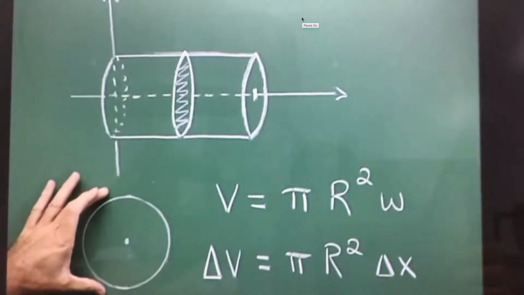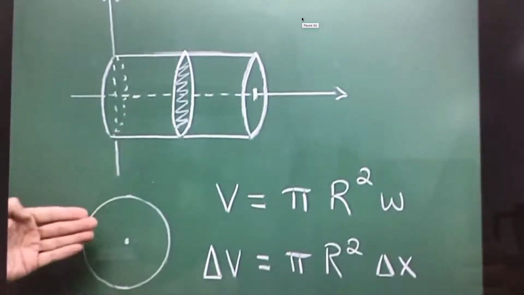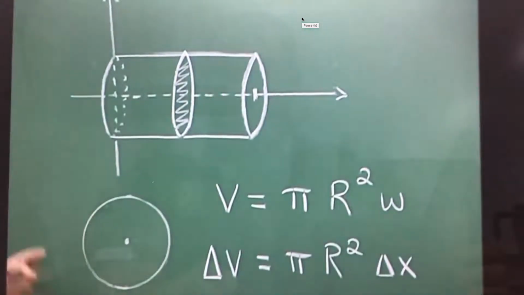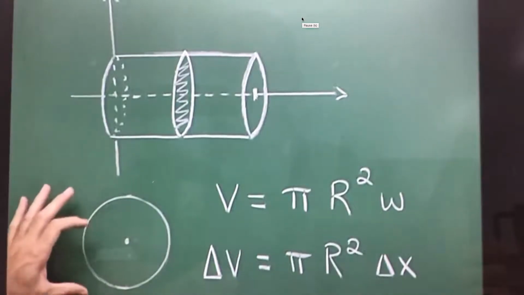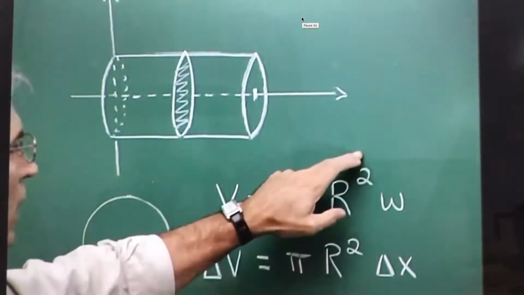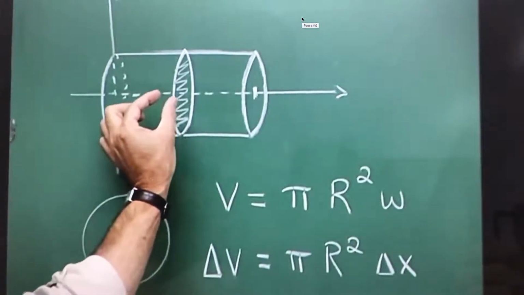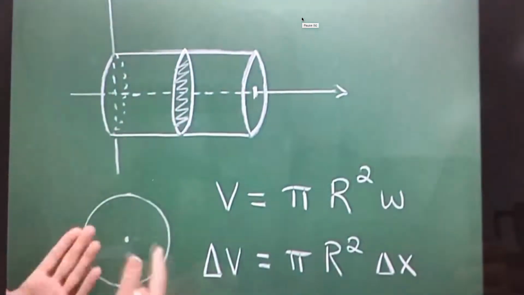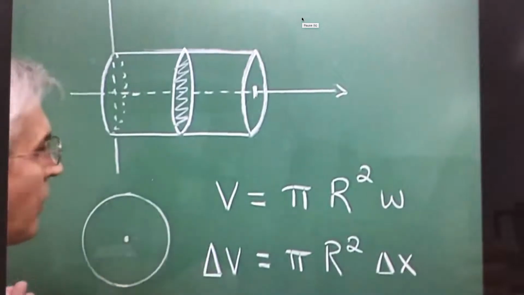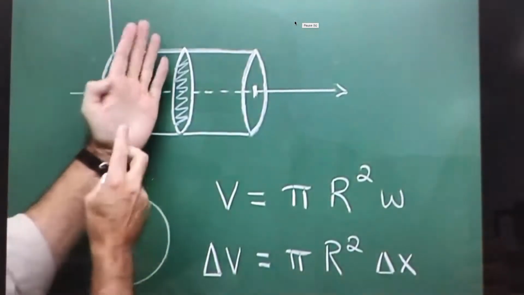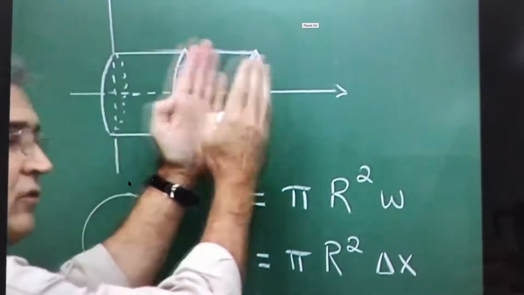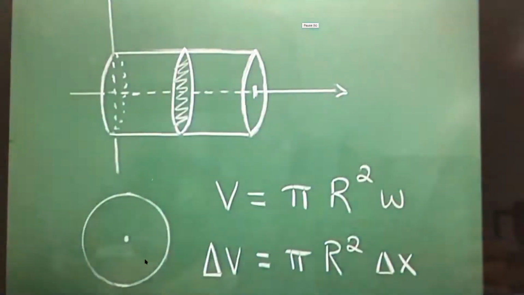It would just be a circle, and it has some thickness to it, so we can think of it as a little bitty cylinder. And so the volume is pi r squared times the width of this. We're thinking about little widths now, and we're applying the same concept as before, that we're going to find the volume of many such little disks, and then we're going to narrow them.